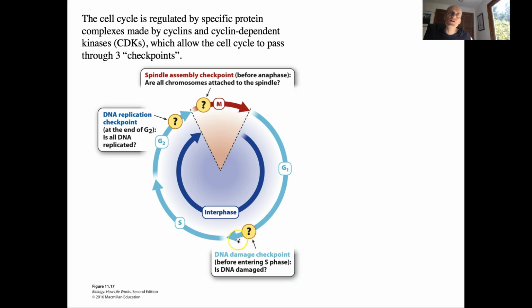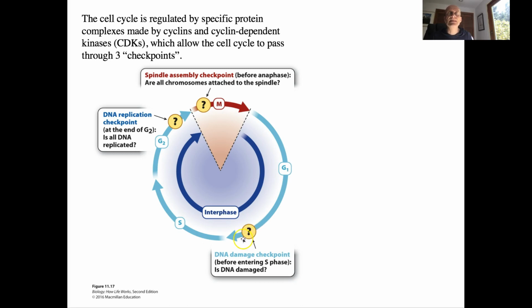At this first checkpoint, also referred to as the DNA damage checkpoint, the cell won't move past this checkpoint if the DNA is damaged. And I'll show you in a second how that is regulated on the molecular level, like what proteins do that and how they can recognize that.